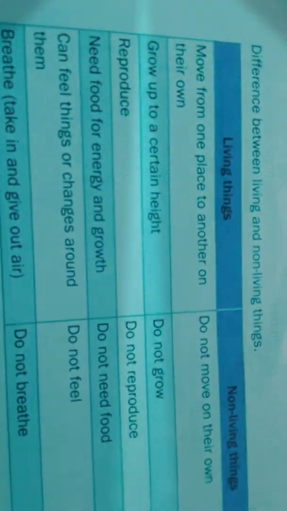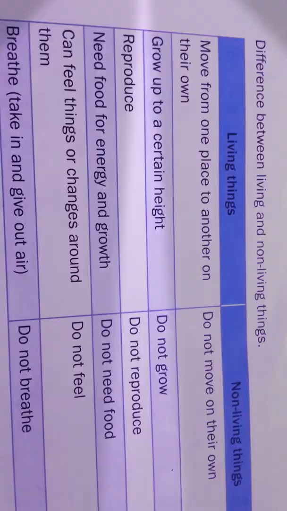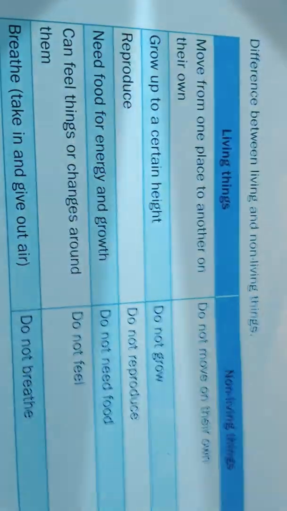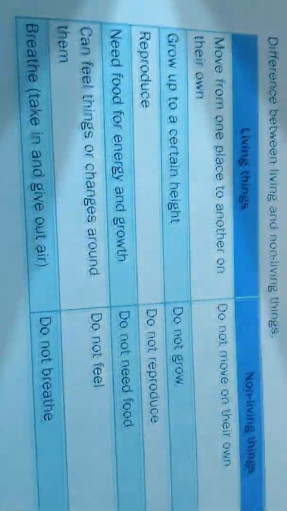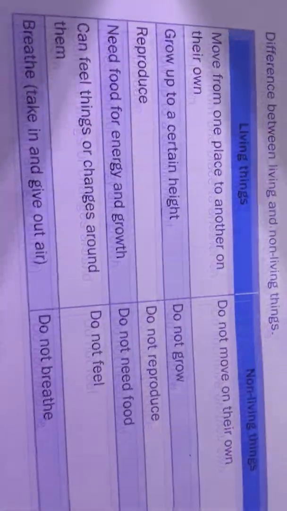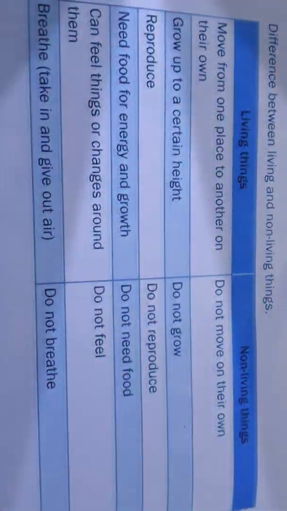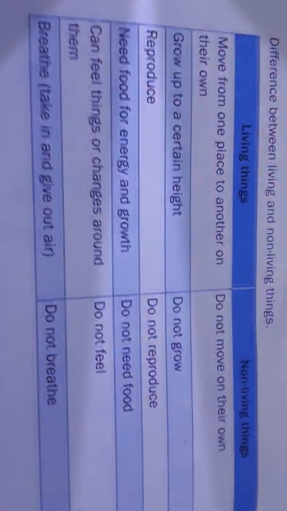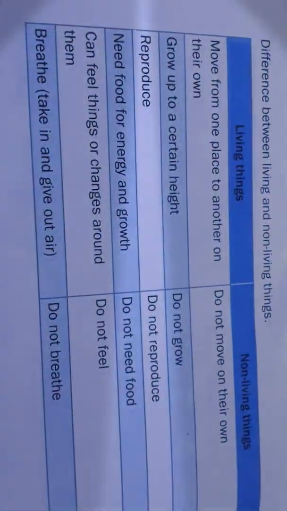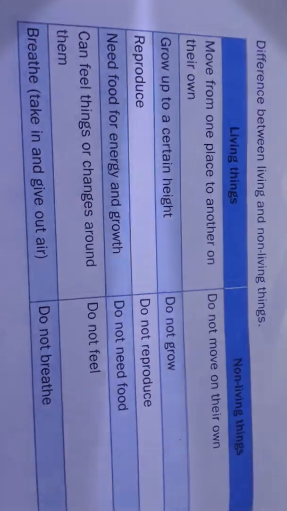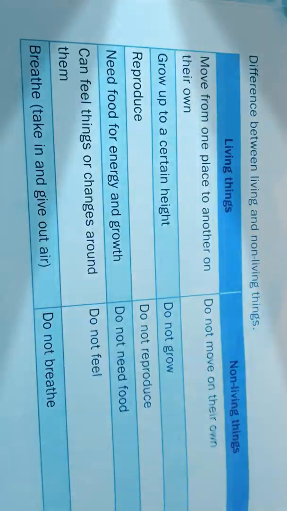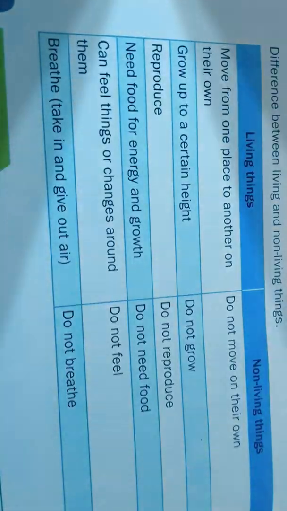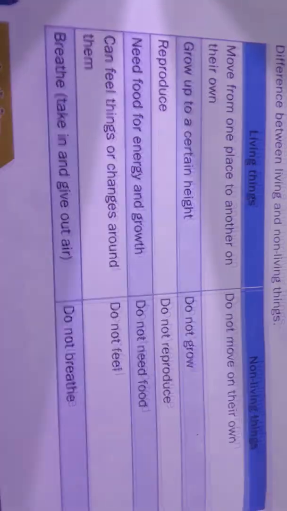Now you have to look at the differences between living and non-living things. Living things move from one place to another place on their own, but non-living things do not move on their own. Second one, living things grow up into a certain height, but non-living things do not grow. And third one, living things can reproduce, but non-living things do not reproduce.